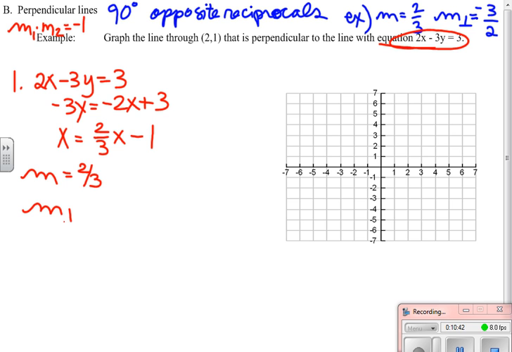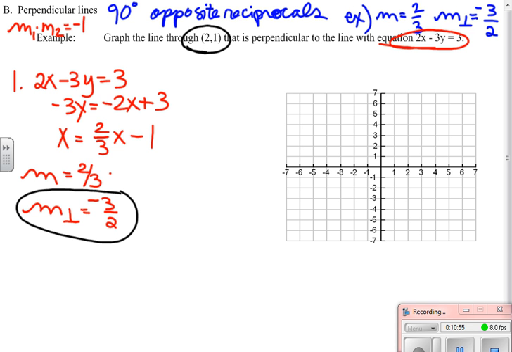So if my line perpendicular is going to be, flip the fraction. This one is positive, this one is negative. And I'm going to use this slope and this point. I'm going to put the original on here just so you can see how they intersect this time. So my slope is positive, up 2, right 3. There's my original line.